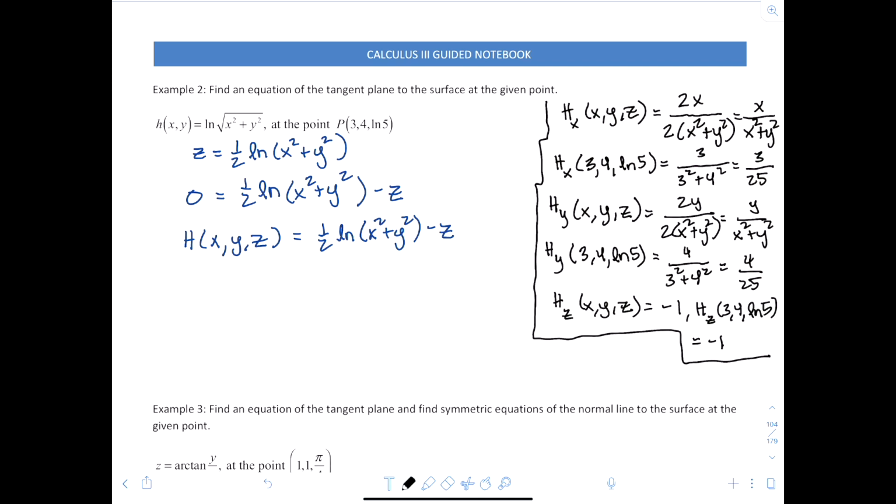In general, remember the equation of the tangent plane to the surface at the given point is going to be hx at that point.